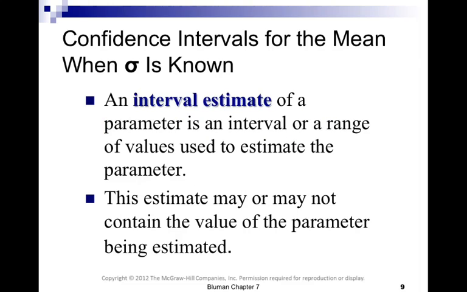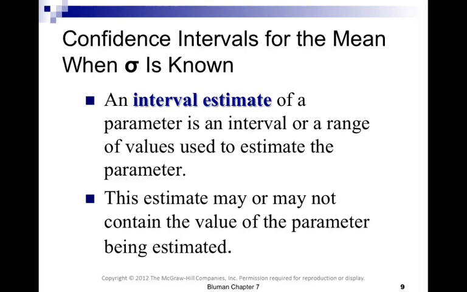Now, confidence intervals for the mean when sigma is known. An interval estimate of a parameter is an interval or range of values used to estimate the parameter. The estimate may or may not contain the value of the parameter being estimated.